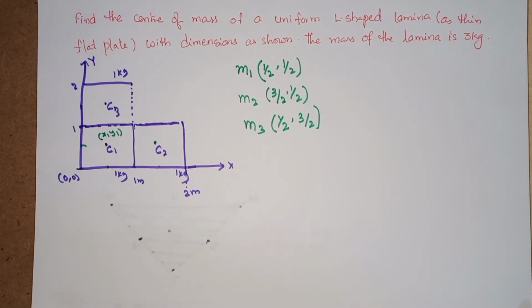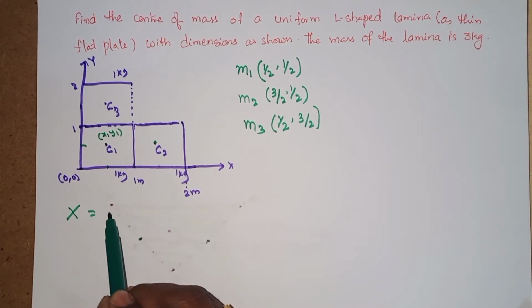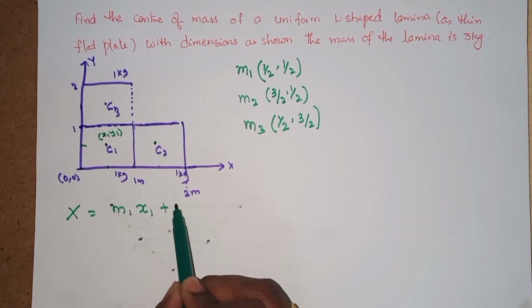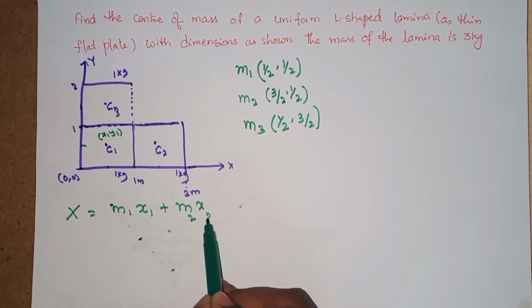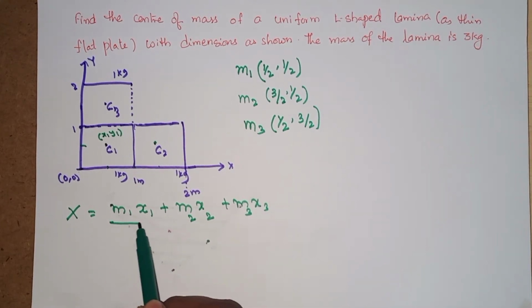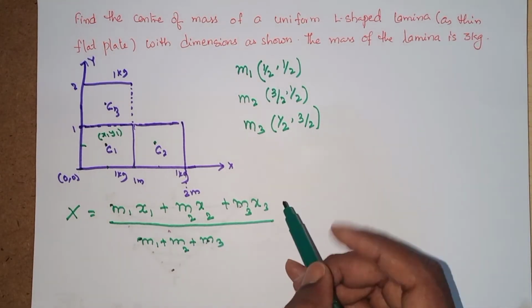What is M1, M2, M3? M1, M2, M3 is equal to 1 kg each. How to write the center of mass locations? XCM is equal to, there are three masses, M1 x1 plus M2 x2 plus M3 x3 by M1 plus M2 plus M3.